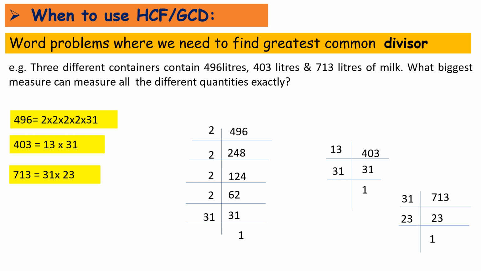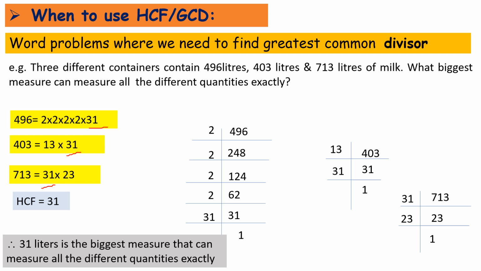Now you can see the common factor for all the three numbers is 31, right? So the HCF of these three numbers is 31. What does that mean? It means that 31 liters is the biggest measure that can measure all the different quantities exactly. So we need to have a 31 liter can which will measure all of these exactly.